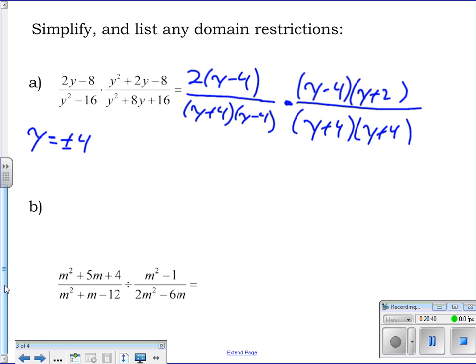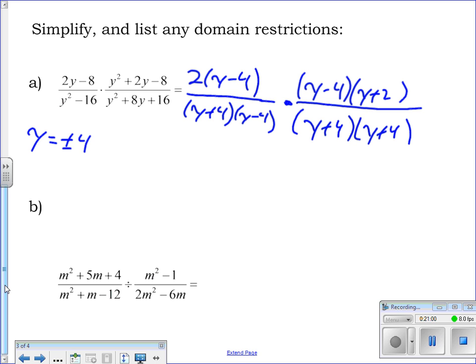Anything in the denominator that can cancel with anything in your numerator. Sometimes it's a lot, sometimes it's a little, sometimes it's nothing at all. So I look for any factor in my numerator that cancels with any factor in my denominator. I cannot cancel two things in the numerator unless I have two matching things in the denominator.